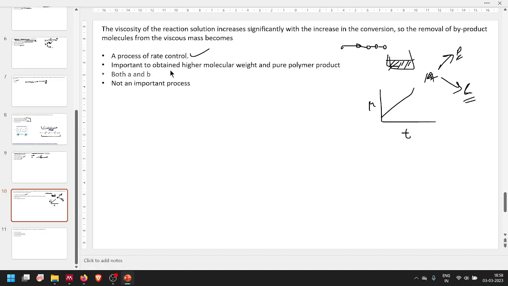Next, it is important to obtain higher molecular weight and pure polymer product. As I defined just now, if the byproduct is removed, the more favorable reaction will proceed towards the main polymer reaction process, and because of that, there is a good chance that the molecular weight of the polymer will increase as favorability is shifted towards the other side, and because the byproduct is removed, pure polymer product will be obtained.